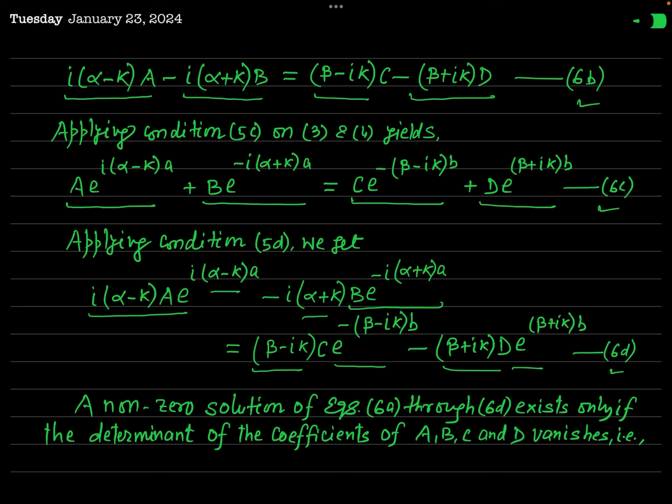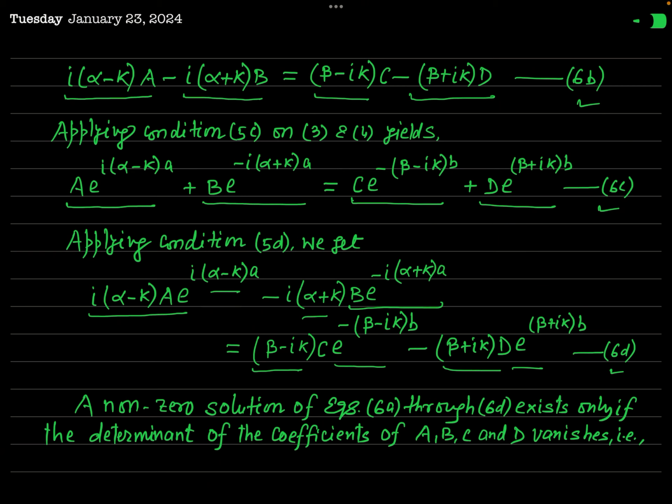So now let us make a determinant of the coefficients of A, B, C, D in these four equations. So you can see, in equation 6a, the coefficients of A, B, C, D are all 1. Here there will be 1, here is 1, here is 1. Okay. Now, in this equation 6b, the coefficient of A is what?